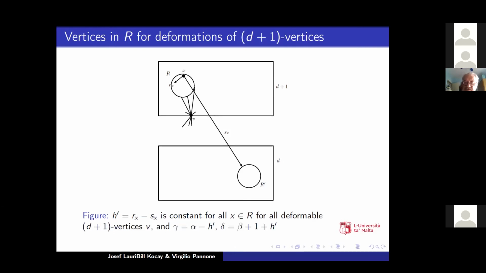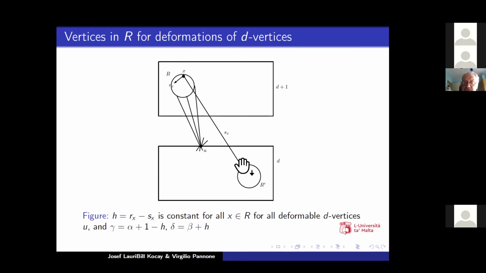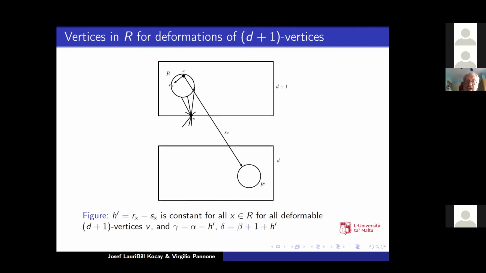Similarly, if instead of having a D vertex which is deformable, we have a D+1 vertex which is deformable, well, then we have something similar, but this time H prime is still R minus S. It's a different R, a different S. Different vertex, different context here.